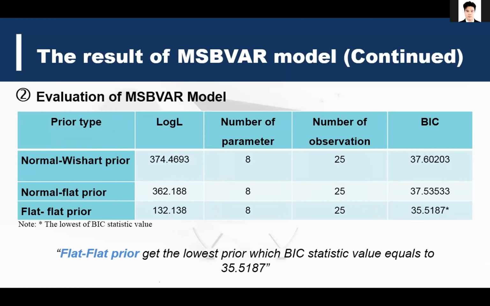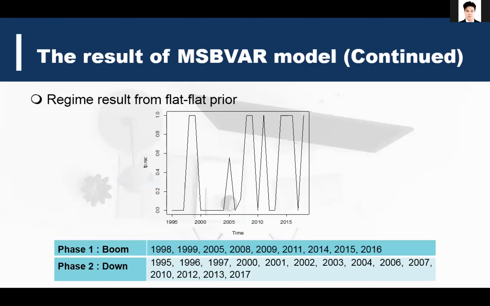Three prior distributions are considered. The first one is normal without prior, the second one is normal flat prior, and the last one is flat prior. From this table, flat prior gets the lowest BIC statistic value, which is equal to 35.51.